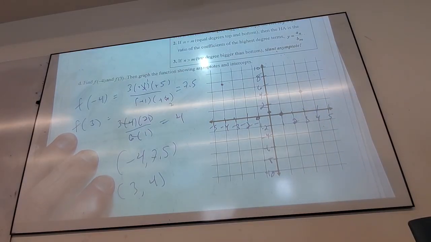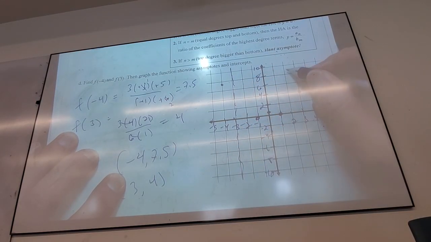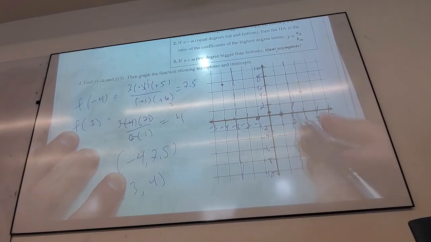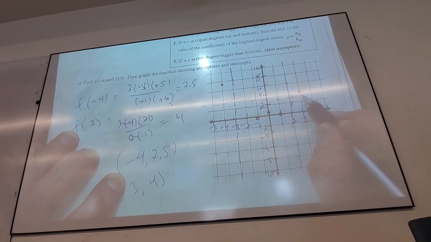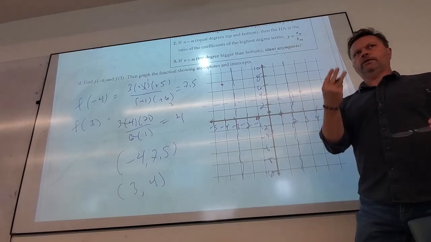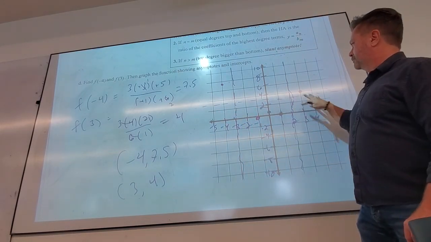I've got vertical asymptotes at -3 and 2. It's almost a straight jump. And then I got a horizontal asymptote at 3. Okay, so what I've done there is I've made 3 regions. 1, 2, 3.